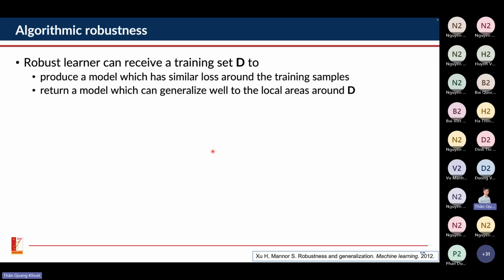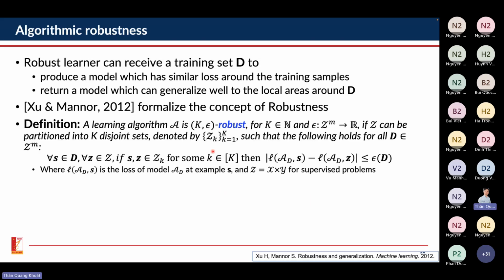The idea is there's some connection between the robustness of a learner and the generalization of a trained model. That's a very good connection, a very great connection. And this connection was discovered more than 10 years ago.